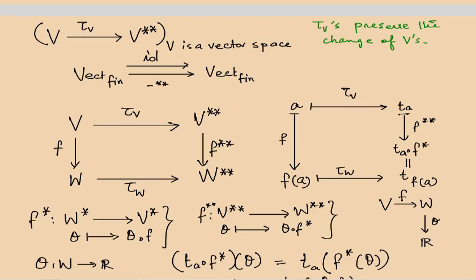What does this naturality therefore tell me? It tells me that whatever basis you might take for V, the description of tau V is independent of that. Why is it so?